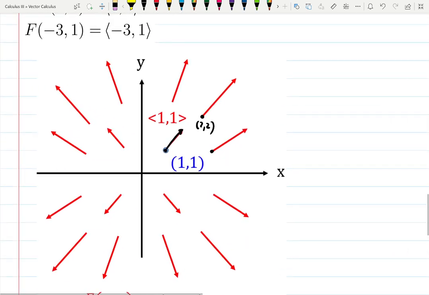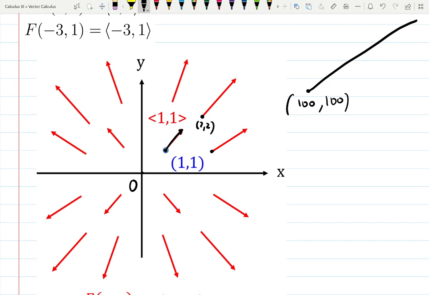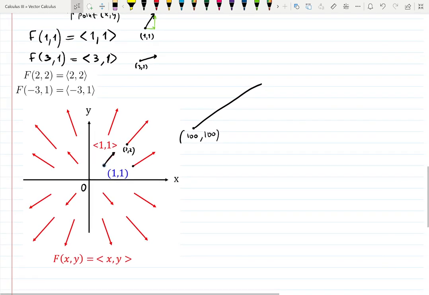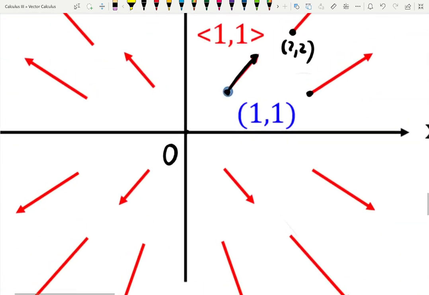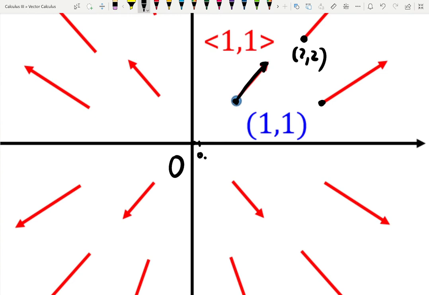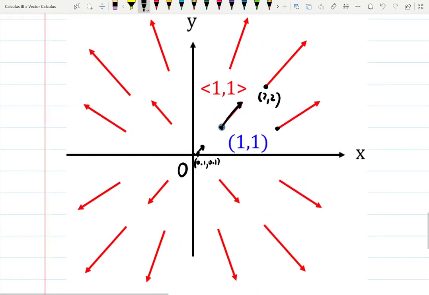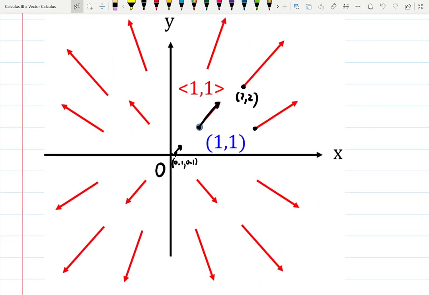The farther away from 0 you go, the longer each vector is going to be. If this is 100, 100, then the vector will be super big, 100, 100. So that's interesting to understand. And vice versa, the closer you are to 0, maybe like 0.1 and 0.1, the smaller the vector is going to be. So this is how it looks. It looks like arrows shooting away from the center. And the farther you go away, the bigger the vectors become.